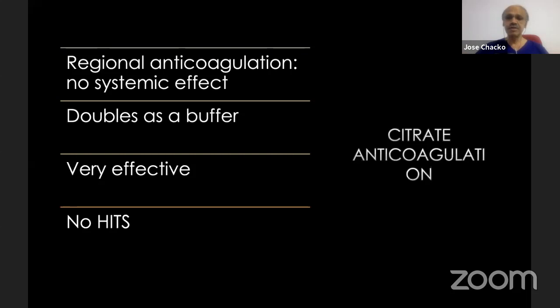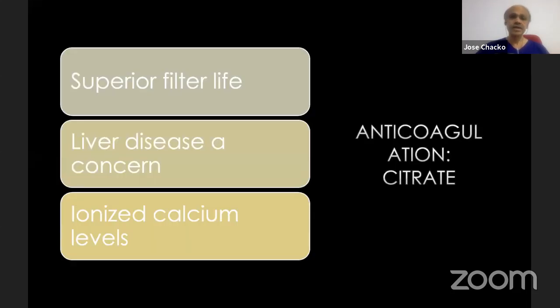So your filter wouldn't go down in the middle of therapy and result in a long downtime. And of course, heparin, we all know, has the possibility of heparin-induced thrombocytopenia, which is not a problem with citrate anticoagulation. So in short, citrate anticoagulation results in a superior filter life, and it needs to be balanced with the possibility of liver failure.